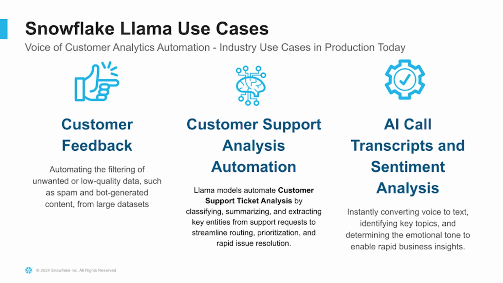I'd love to talk about a couple common use cases that we see for Llama models in production today. And I would summarize them in the category of the voice of customer analytics automation. So the first use case that we see quite often is automating low quality data filtering. The challenge today is massive data sets are polluted with lots of noise.